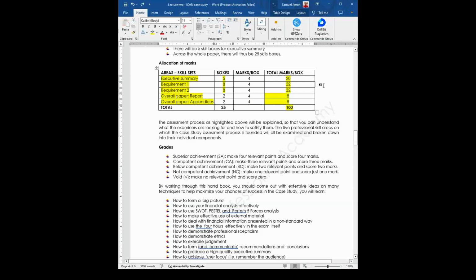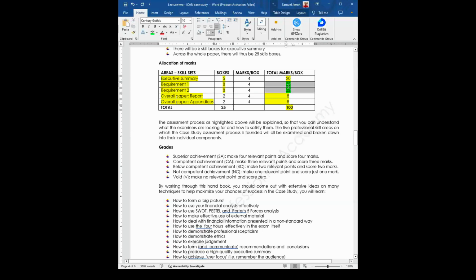Let me assume the student was only able to score like 15 for requirement 1. He did not know anything about this overall report. He did computation for requirement 1, and this will be 4 marks. 4 plus 15, that is 19. Now, here is the thing. The executive summary here is only a summary of these 2 requirements.